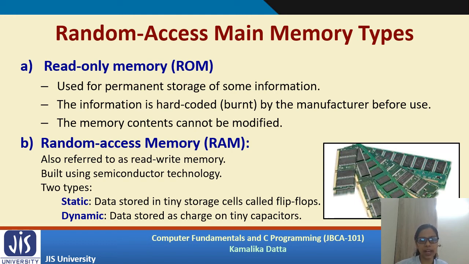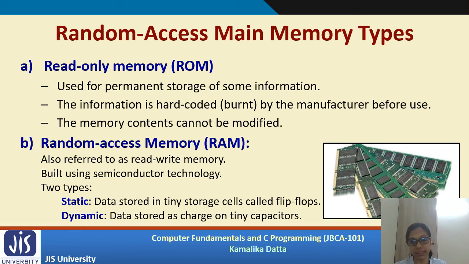Let's move on with RAM. I already discussed with you the broad categories of random access memory: static and dynamic RAM. By static RAM, we say that data is stored in tiny cells called flip-flops. You will see in course of time what a flip-flop is. A flip-flop is a sequential circuit which is built using gates, and gates are ultimately built using transistors.